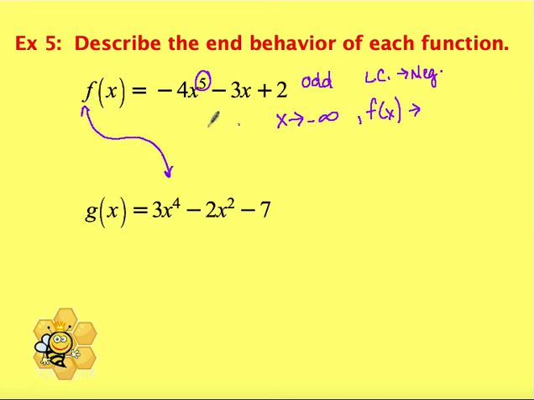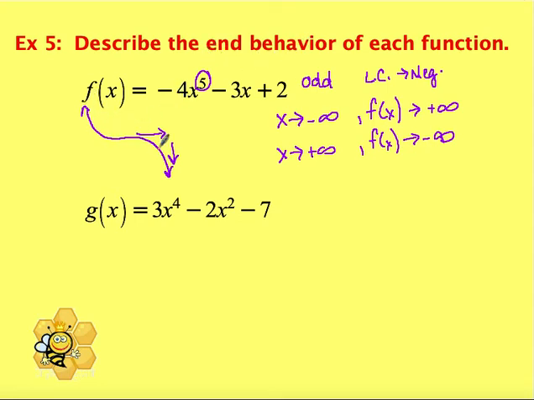So as x goes to the left, my function's going to go to positive infinity. As x moves to positive infinity to the right, my graph is going to go down to negative infinity. So what you can see here is that it's ending in opposite directions, starting high, ending low. That's how you calculate the end behavior.